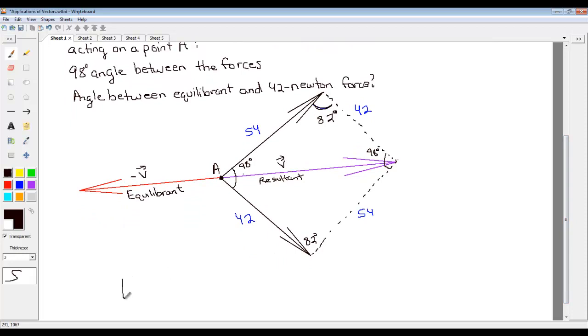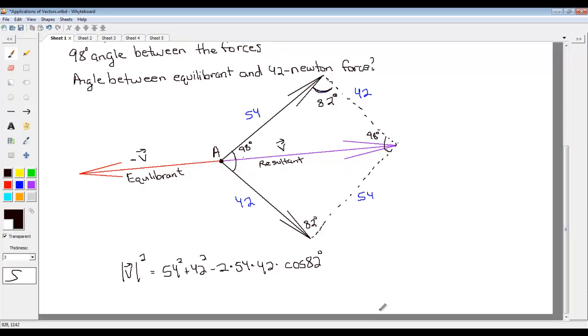So the magnitude of the vector v is the length of this side of that triangle. That squared, according to law of cosines, is going to equal 54 squared plus 42 squared minus 2 times 54 times 42 times cosine of the 82 degrees.